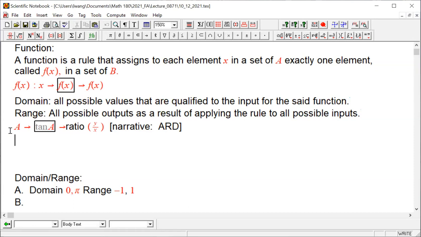All right, with ARD, can we figure out the domain of tangent? We just mentioned A, we just mentioned R, and now let's look at D. From the definition, right? So let me do this one more time for you.